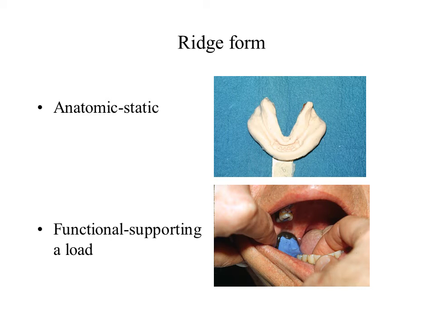The arch may be considered as having two forms. It has an anatomic form, that is, in its resting state. The other is its functional form, that is a registration, as it would appear in function.